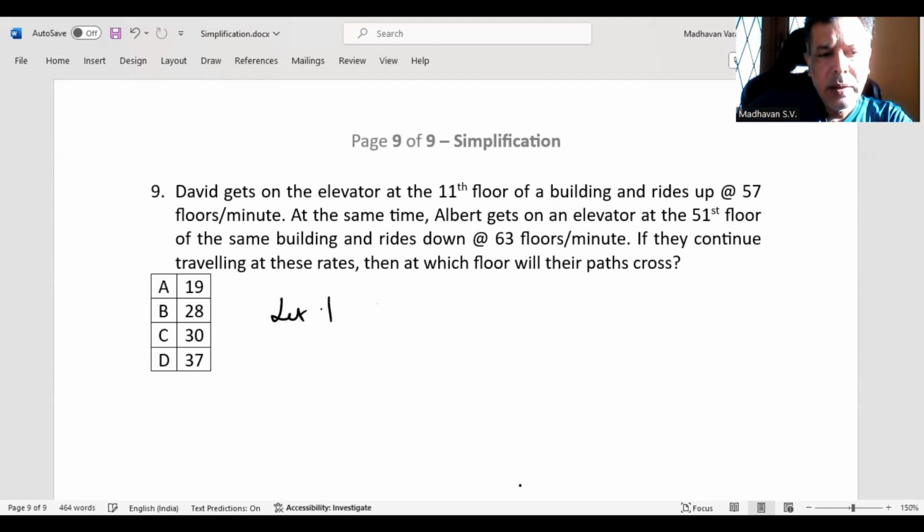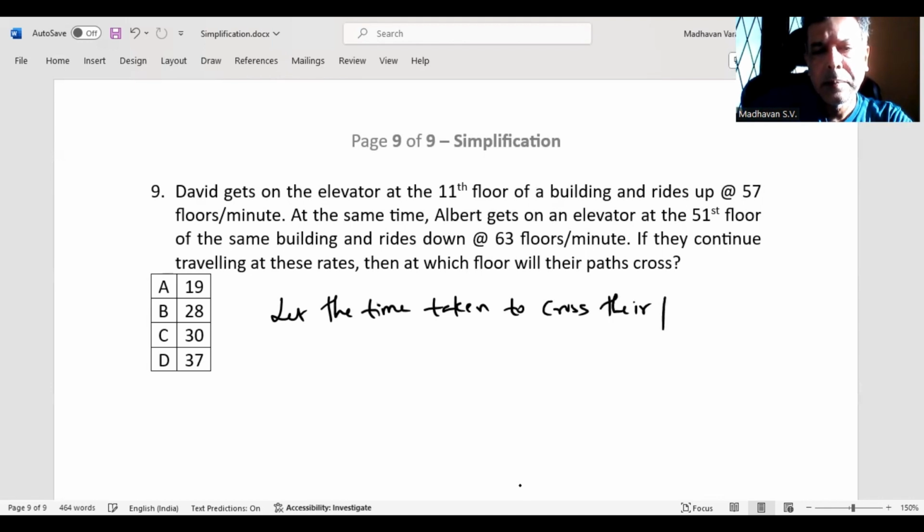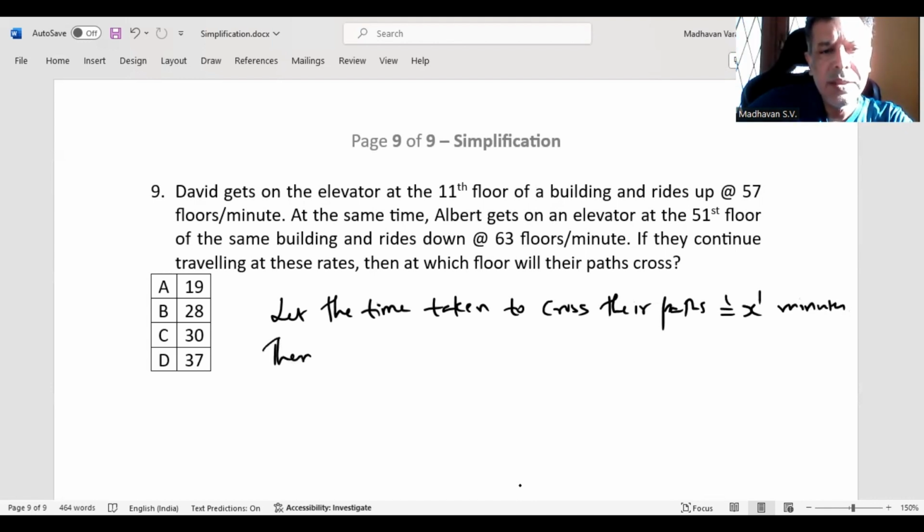Let the time taken to cross their paths be equal to x minutes. Then, based on whatever is given, David gets on the elevator at the 11th floor and rides up at the rate of 57 floors per minute.